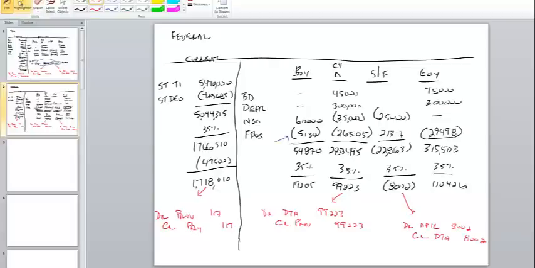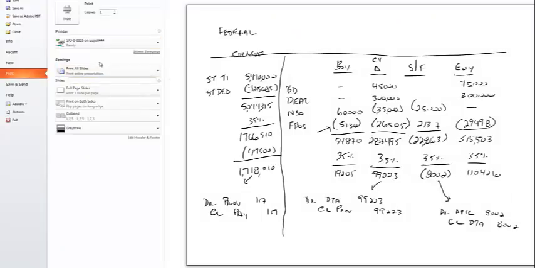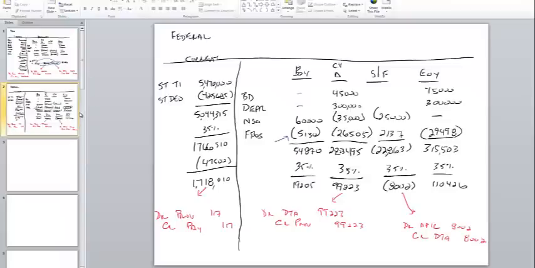Okay, so let me just print this page too, and we can then do the rate rec together. Hang tight while I go grab the print off the printer.